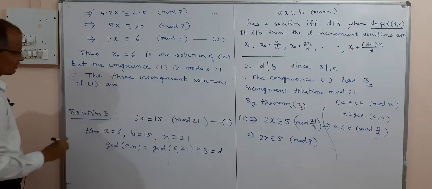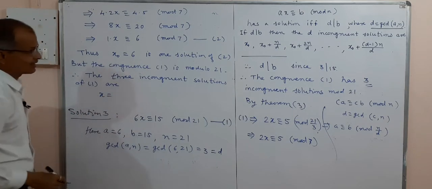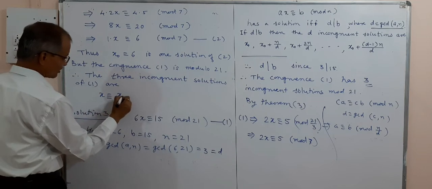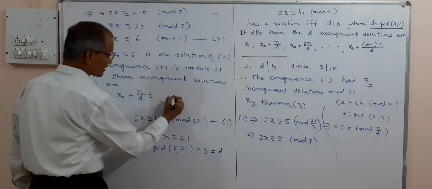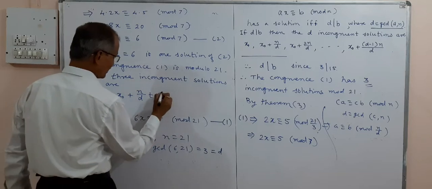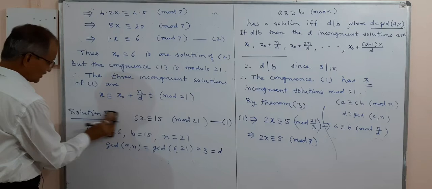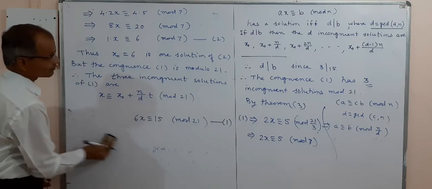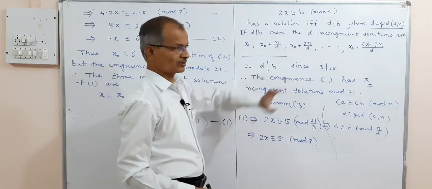They are given, say, by x is equal to, we write in a single equation, x congruent to x naught plus n by d times t, where t takes values under modulo 21, where t is having 3 values only, starting with 0. Here t is 0, t is 1, t is 2, and so on.